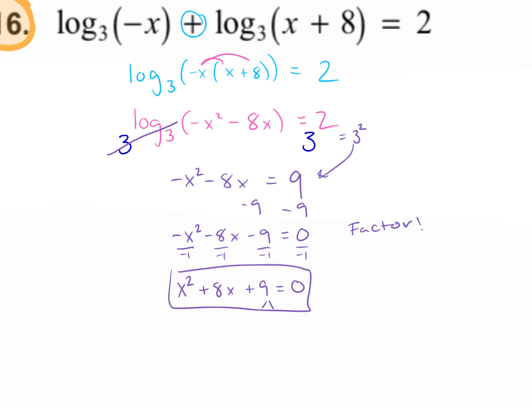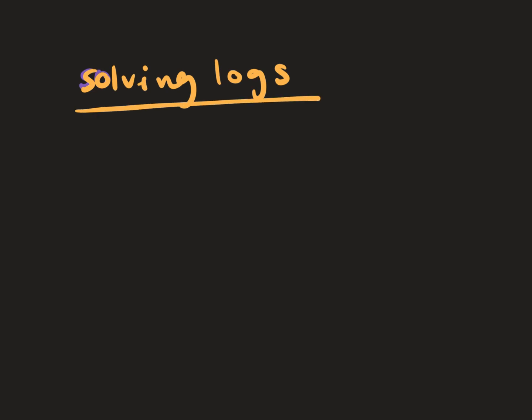So with the log equations, when solving logs, you'll have 3 types. So one is when you get a log is equal to a log. What happens here? What would I do to solve?